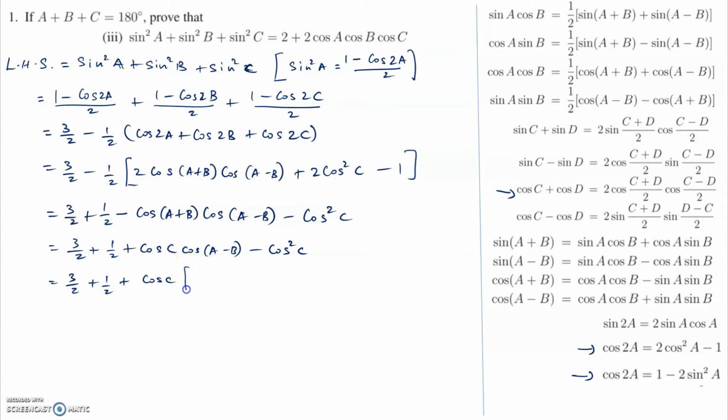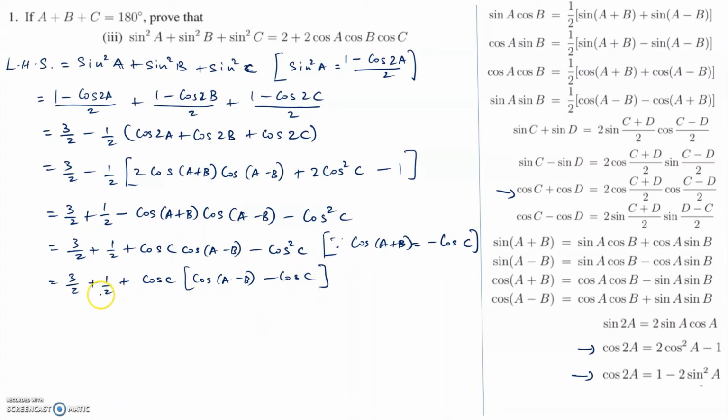You can take that as a common term. Then this becomes cos (a minus b) minus cos c. Again, let's just make a note here: since cos (a plus b) is equal to minus cos c, because of our condition, which is a plus b plus c is equal to 180 degrees.